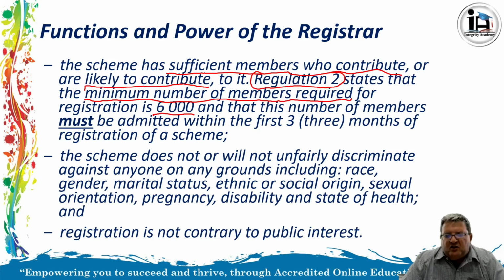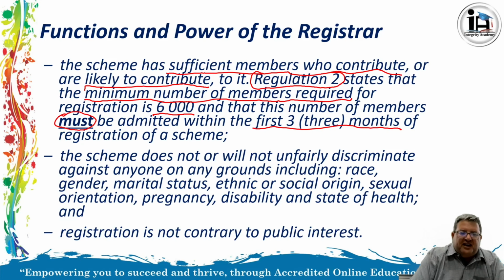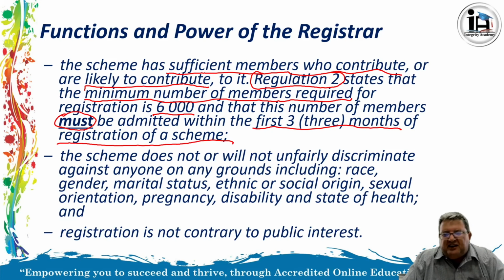And that this number of members must, not may, must be admitted within the first 3 months of registration of a scheme. So you must, in your business plan, be able to tell the registrar how you are going to get to that sufficient members, or at least a minimum of 6,000 members within the first 3 months.